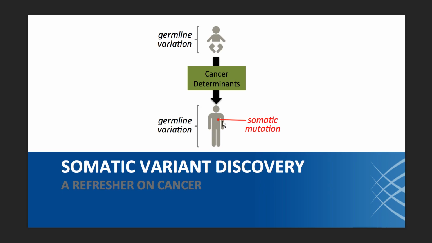And typically in our workflows, when we talk about somatic variant discovery, we're talking about looking at cancer genomes against germline variation. However, our workflows can be applied to other somatic contexts, or for research instances where you want to call for variable ploidy, for example, mitochondrial variant calling.